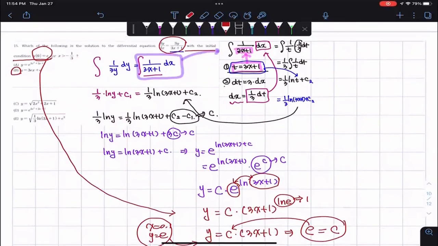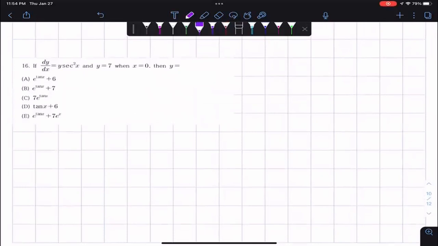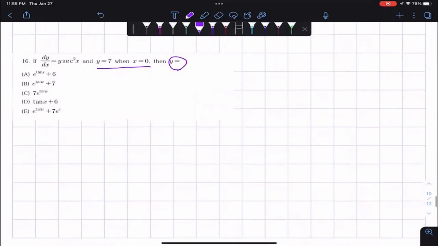Okay, look at problem 16. This problem is related to the separable method. If dy/dx = y times secant squared x, and y = 7 when x = 0, then you should find the y function.